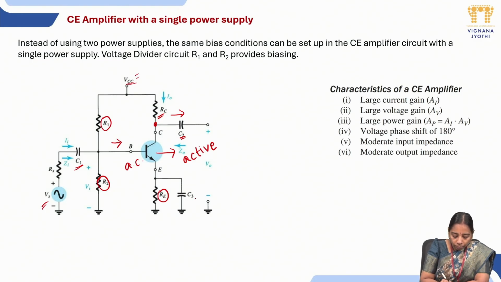Coming with C3, it is known as the bypass capacitor. If we don't have this bypass capacitor, what happens? The amplified output voltage could be dropped across this RE. So if we are not using this bypass capacitor, the voltage will be dropped across RE and the gain will be reduced.